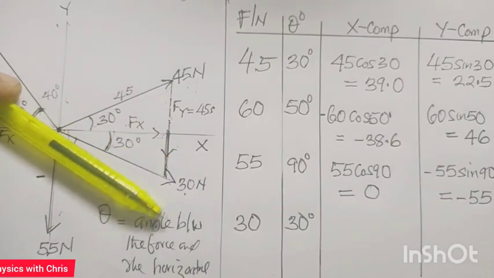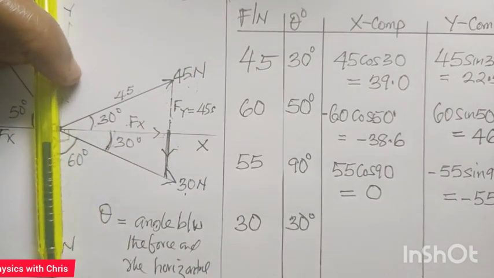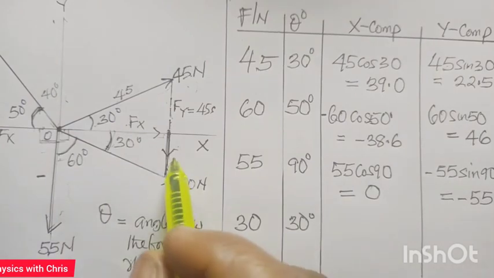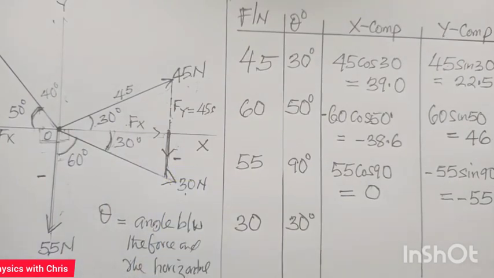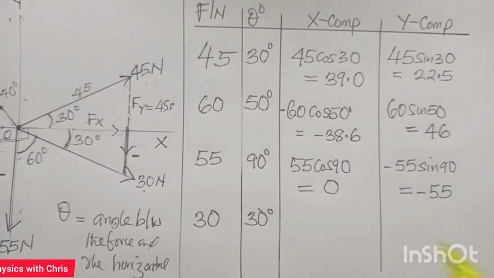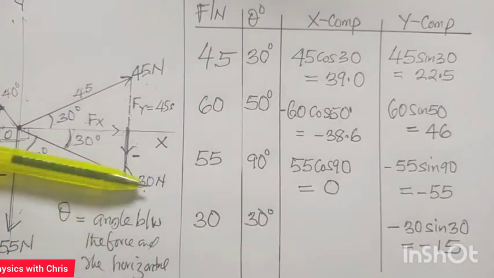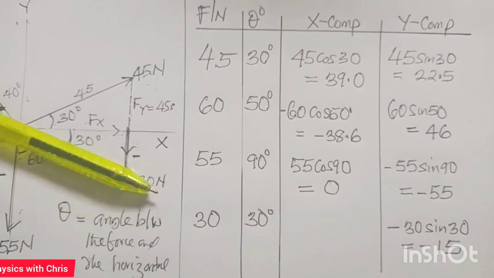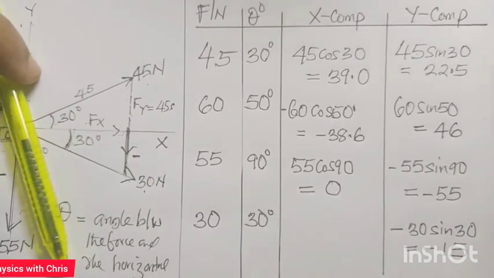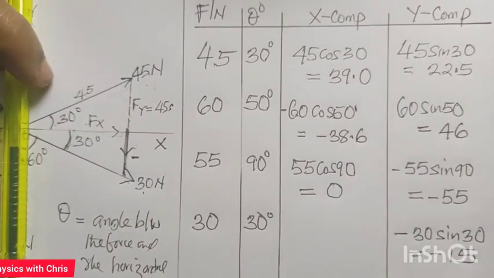The y component is acting downwards. That is negative. That is the vertical component. So I'll put this as minus 30 sine 30. That will give you minus 15. The y component of this 30 Newton vector, if you resolve it vertically, points along the negative y-axis, as you can see here.